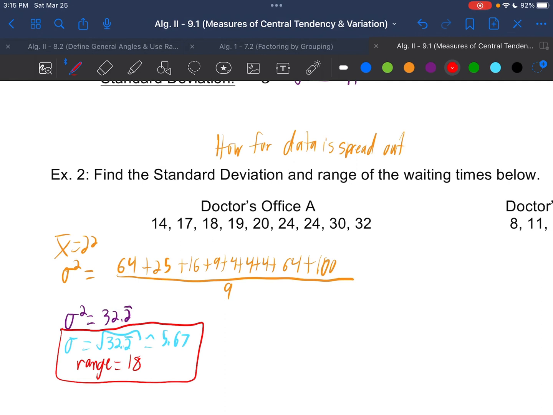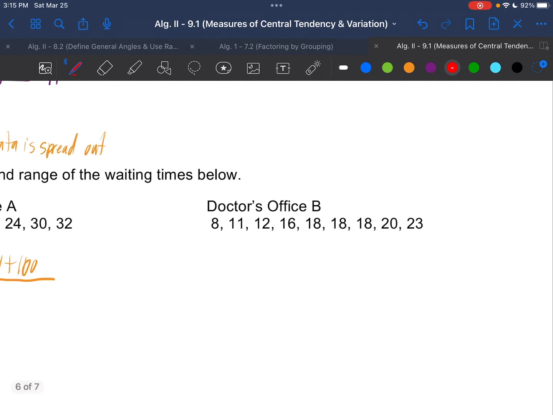And let's now go to doctor's office B over here and do the same thing. So the numbers you would add together and then divide by 9, because there's 9 different wait times, in this case would be 64, 25, 16, 0, because it's 0 away from the mean. Once again, the mean here is 16 from earlier. 4, 4, 4, 16, and 49.